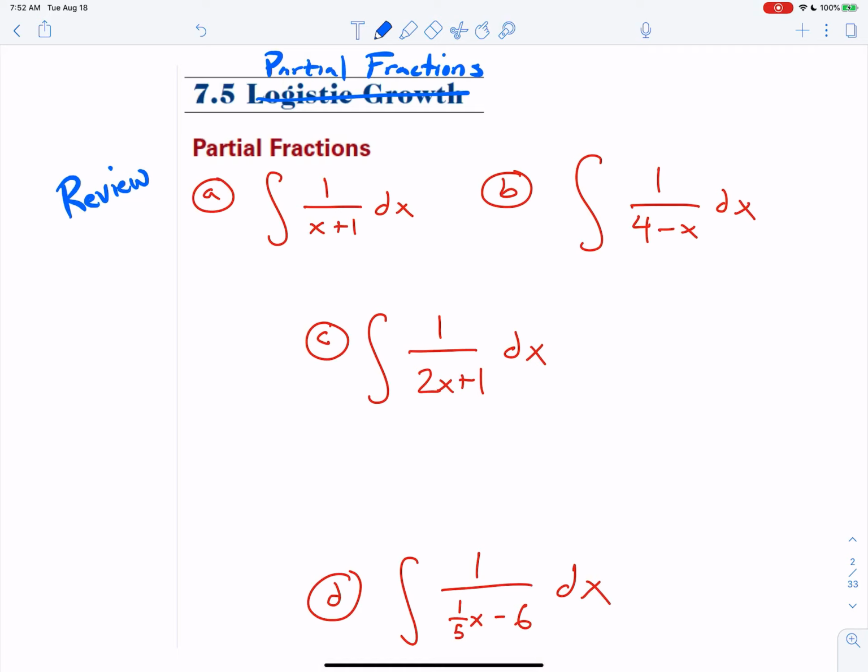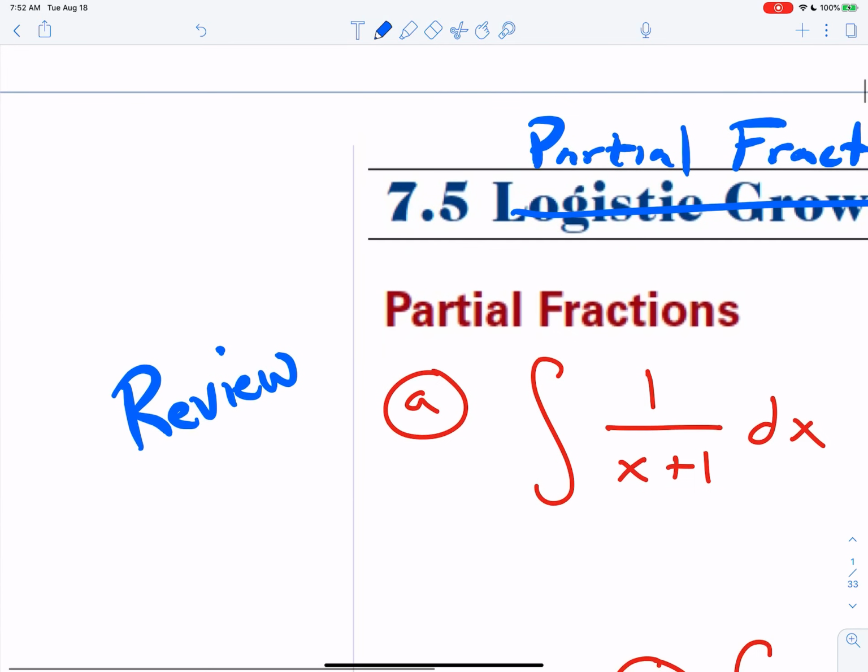So here we'll start off with part A. Again, play when you're ready. The integral of 1 over x plus 1 dx. So if you guys remember, the integral of 1 over x, and I'll do it on the side here, is actually a simple integral.